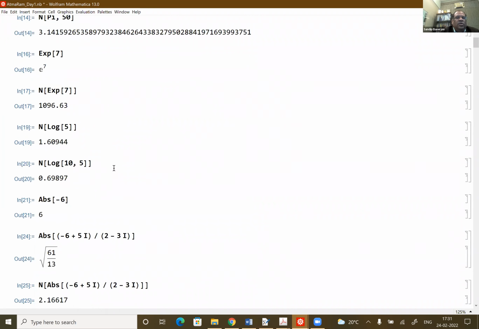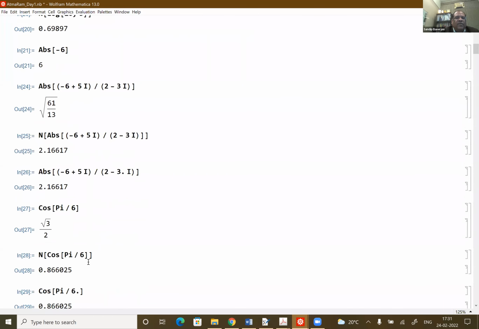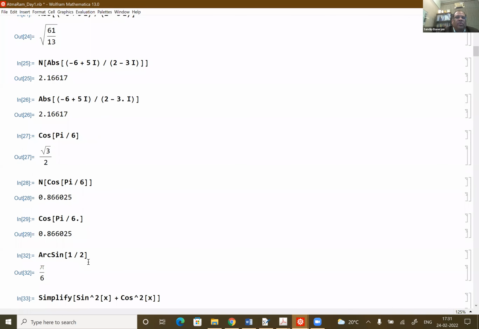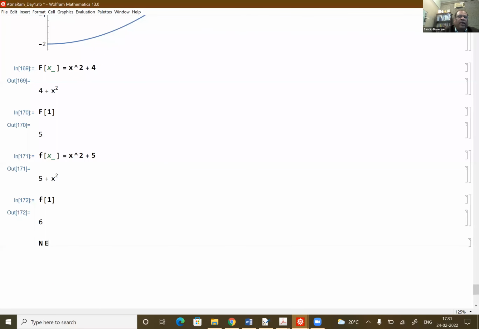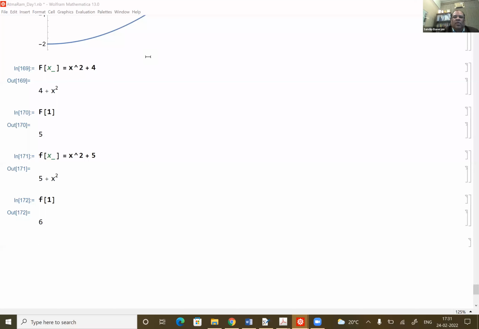I cannot use e as a variable. I cannot use capital I as a variable because those have different meanings. So there they will give you some error. This one is just a syntax.